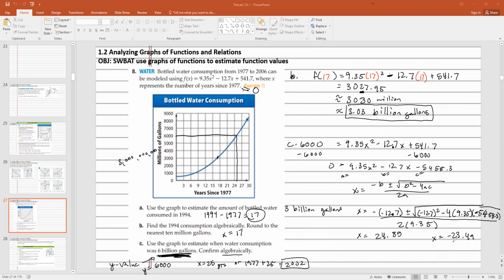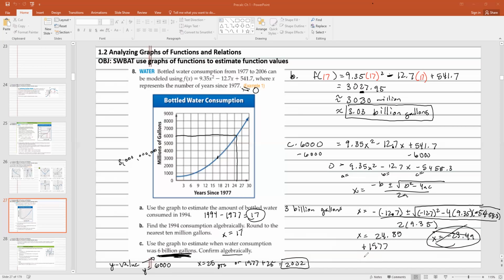Now, we can't have that negative year, because that was in the past. We're looking at the future. So here, what we get is 24.85. Or you can add that to 1977.